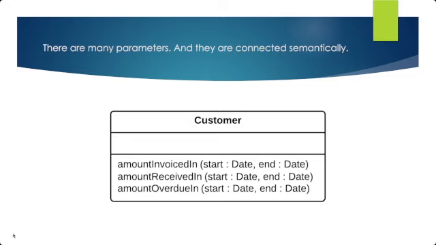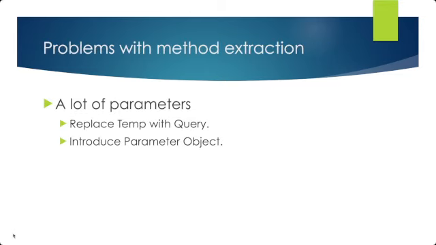Maybe you have an idea how we can change this code to decrease the number of parameters. Probably use a data class. Yeah, you are absolutely right. This method of refactoring we name Introduce Parameter Object.